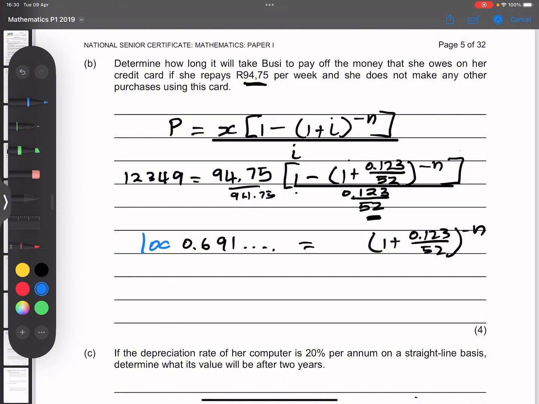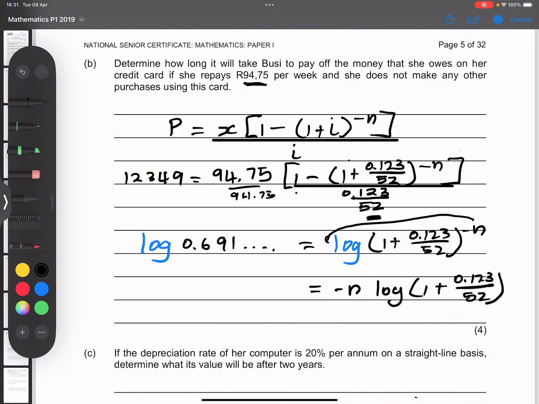So log of that. Now, what happens when I introduce a log? Remember the rule of log says I can jump down the power. So minus n into the log of that entire expression, 1 plus 0.123 divided by 52, is equal to the log of what I have in my calculator.